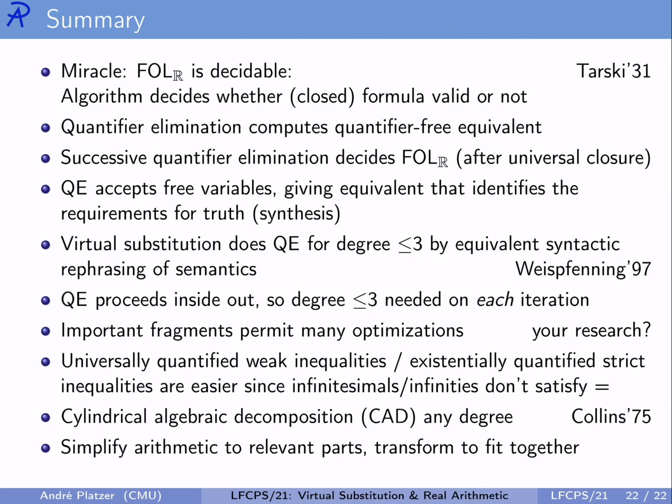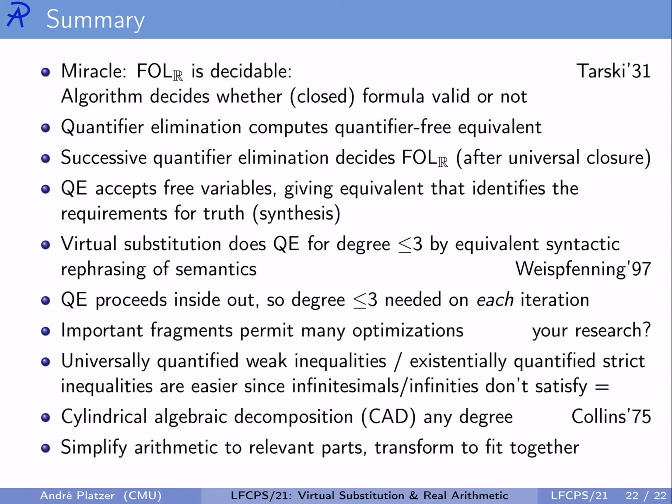In particular, the degree needs to be bounded by at most 3 on each of those iterations, and that's also where equations are better because they don't blow up the degrees. There's also optimizations. Look at the textbook. And speaking of optimizations, important fragments of arithmetic do permit a fair number of optimizations, not just during the simplifier that's super important during virtual substitution and other arithmetic techniques, but also by just working in very different ways.